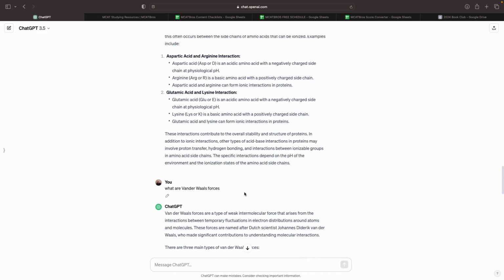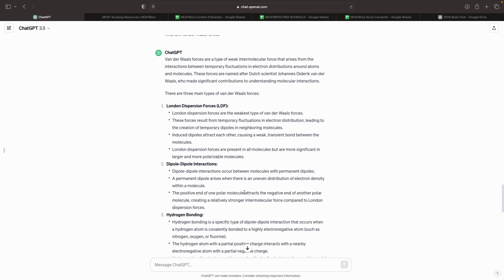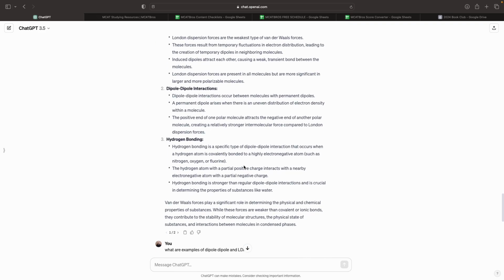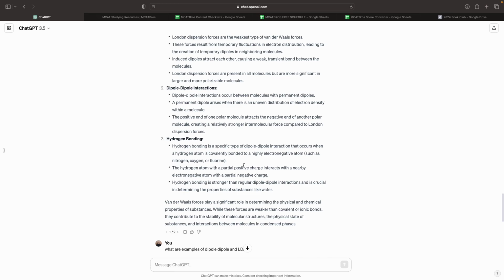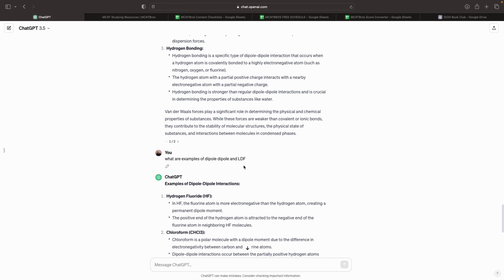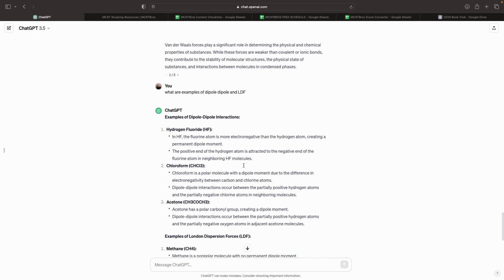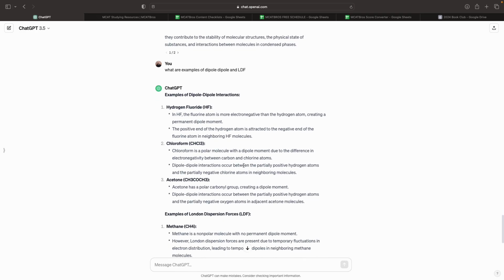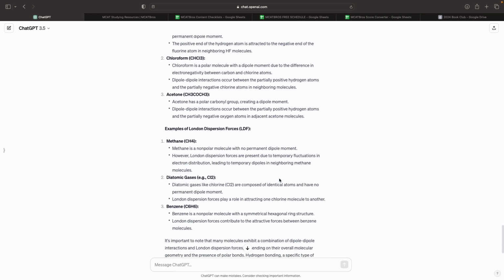So van der Waals forces are LDF in general, then more specifically dipole-dipole, like hydrogen bonding. Hydrogen bonding is a specific subtype of dipole-dipole, and dipole-dipole like hydrogen fluoride, chloroform. These are oxygen, hydrogen, negative and positive forces.